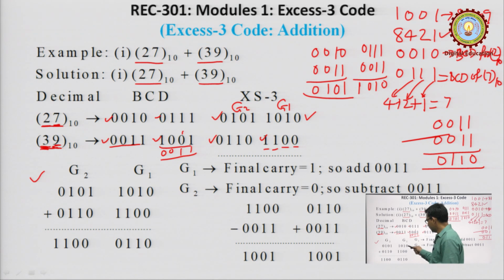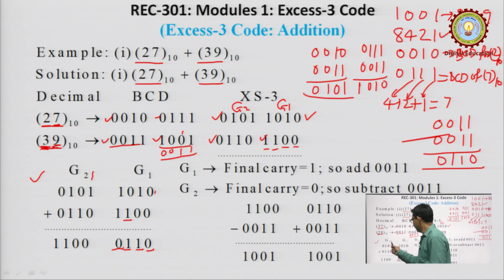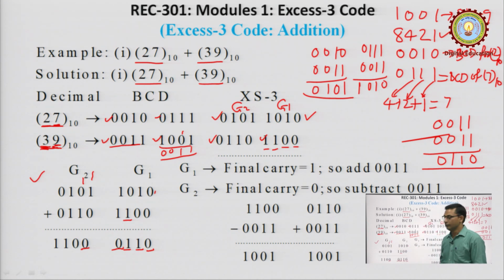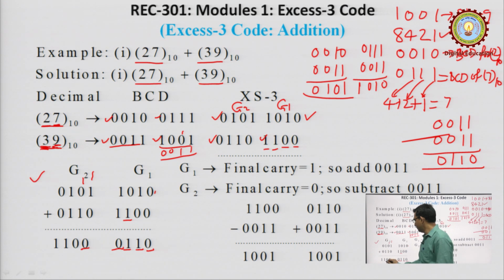If we add these 2 numbers, 0 plus 0 is equal to 0, 0 plus 1 is equal to 1, 1 plus 0 is equal to 1, 1 plus 1 gives sum 0 and carry 1, and this carry will go here. So, 1 plus 1 plus 0, sum is 0 and carry is 1.